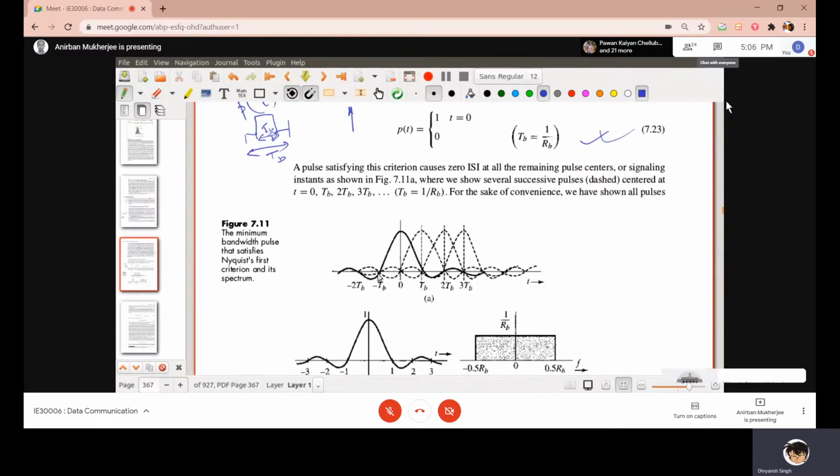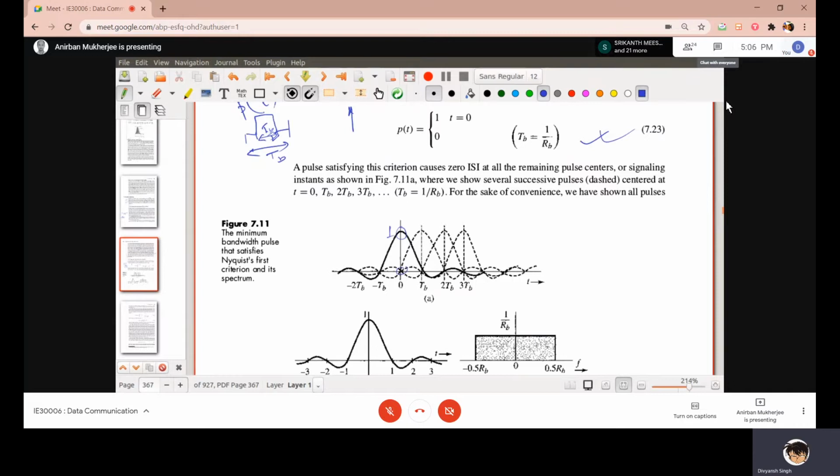It may be any pulse, something like this. At t equal to 0 I have a value 1, but at plus minus n TB, where TB is the symbol duration, this pulse will cross 0. The next pulse is here at TB, but here it will have 0.